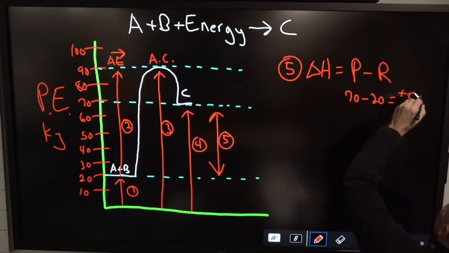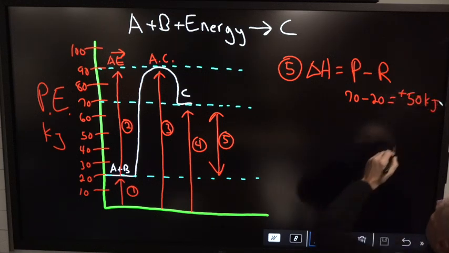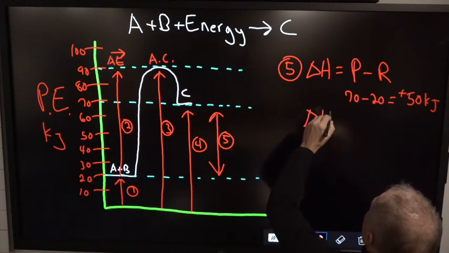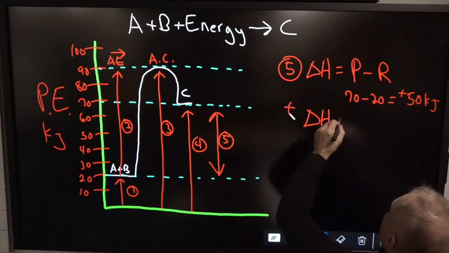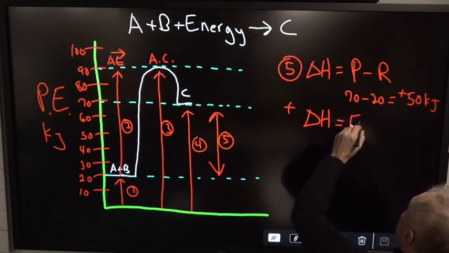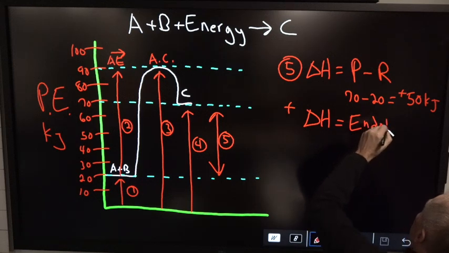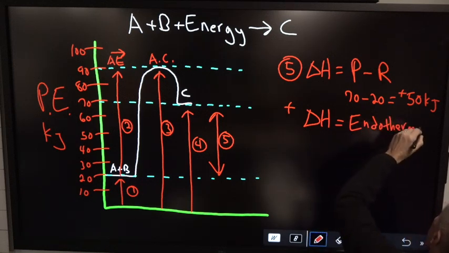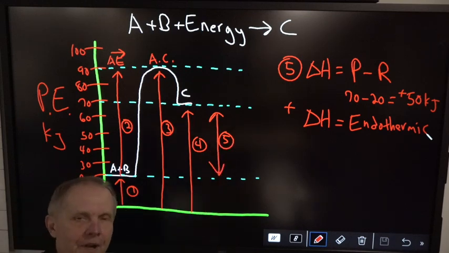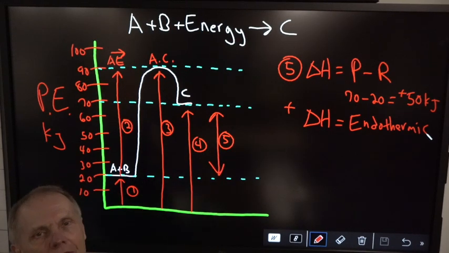Positive 50 kilojoules. So now we know this. If delta H is a positive, the reaction is endothermic. So that's the most important. And another name for delta H is heat of reaction.